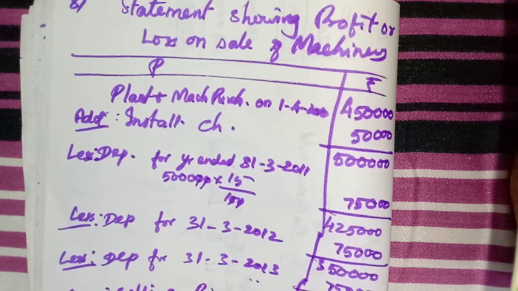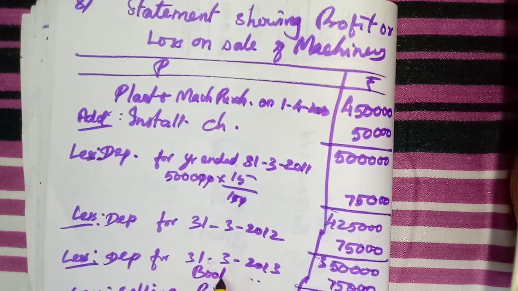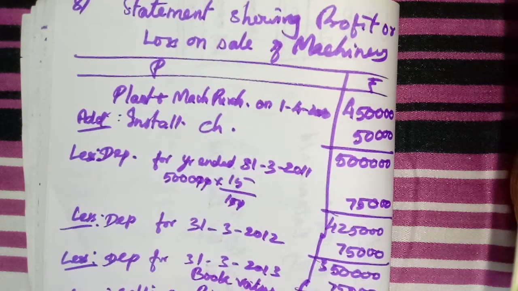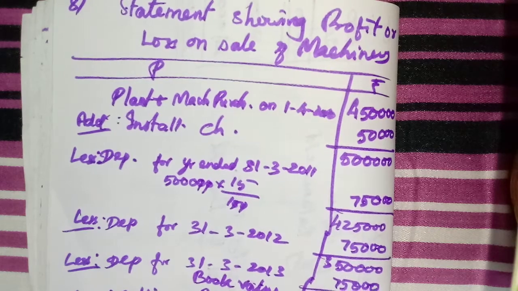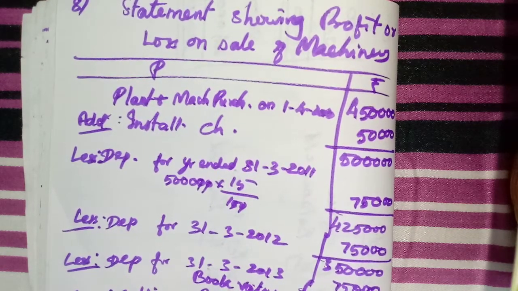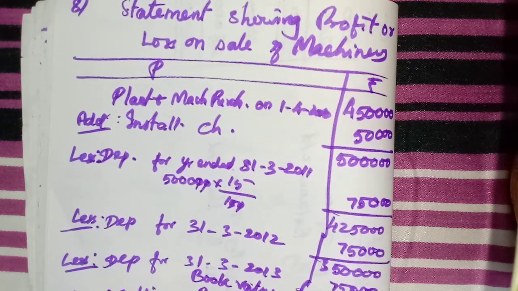Selling price 3,85,000. This is book value. Okay, selling price 3,85,000. So here the selling price is more. Book value is only 2,75,000. So we are selling for more price.